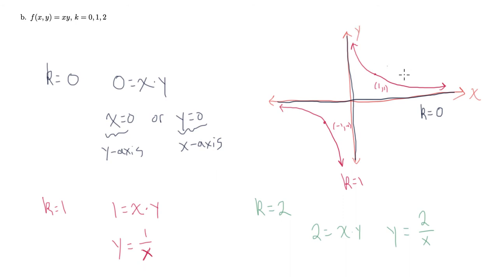So it's going to be outside, or kind of stretched out beyond this hyperbola here. So there's y equals 2 over x, like that. So this is the level curve corresponding to k equals 2.